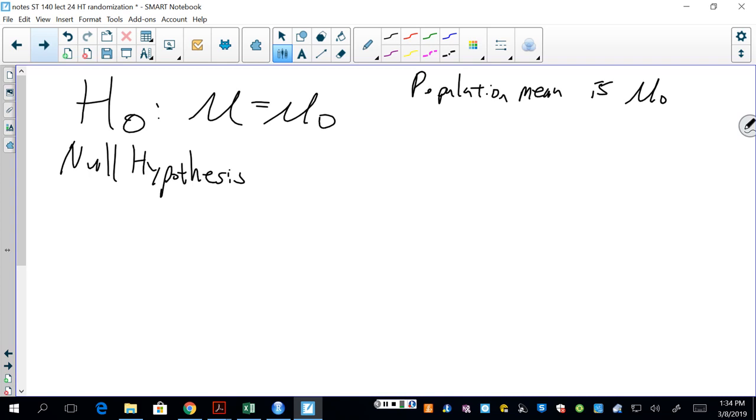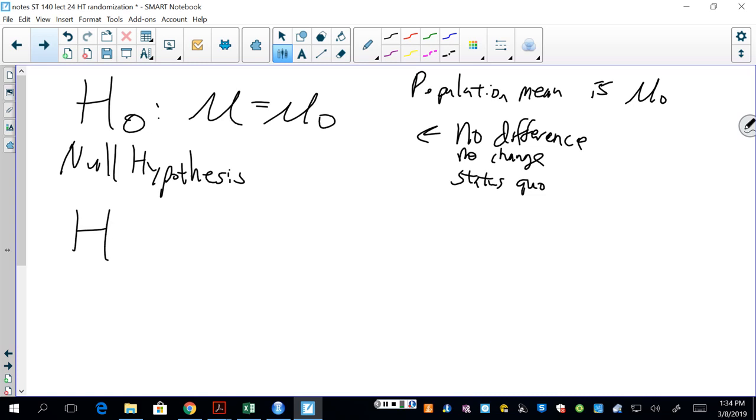The null hypothesis usually has the interpretation of no difference or no change: everything is just like the general population, or like it was last year, or under some general conditions, and that's just the way it is. Usually this means no difference, no change, kind of status quo. And usually that mu sub 0 value is known in the context of some field and has some meaning there.